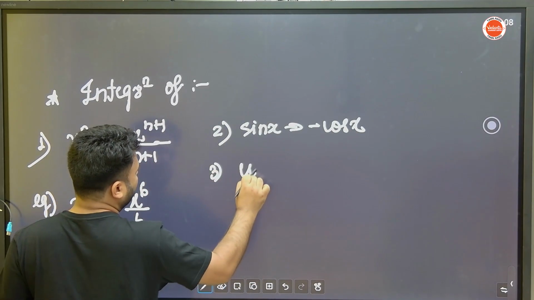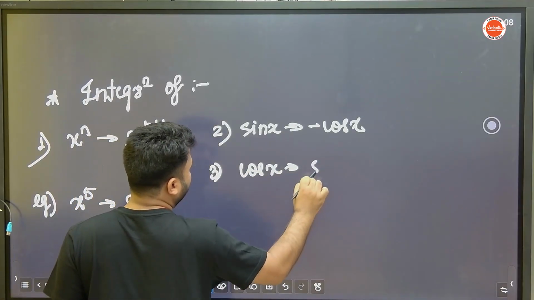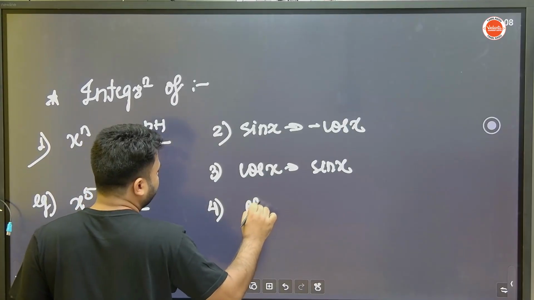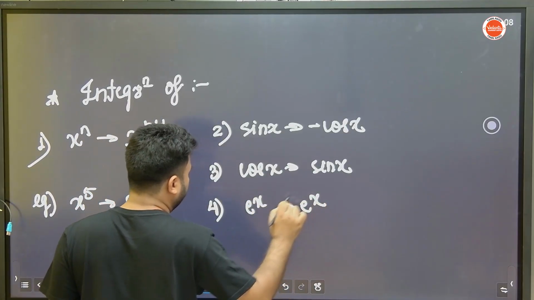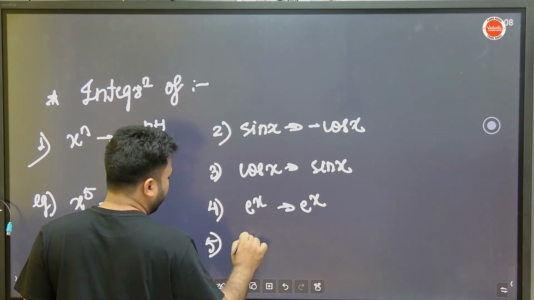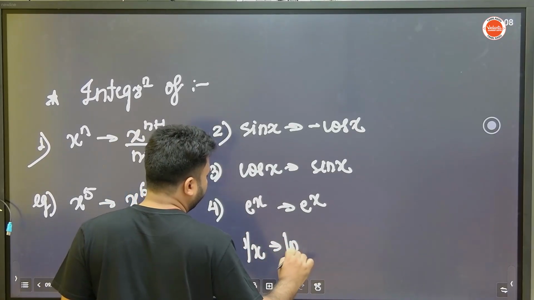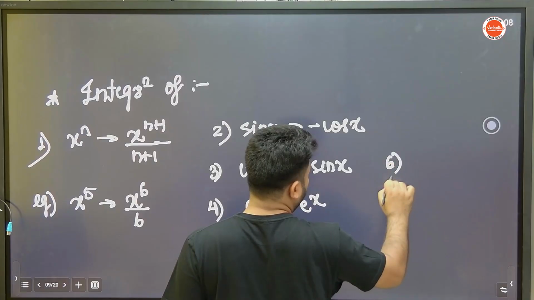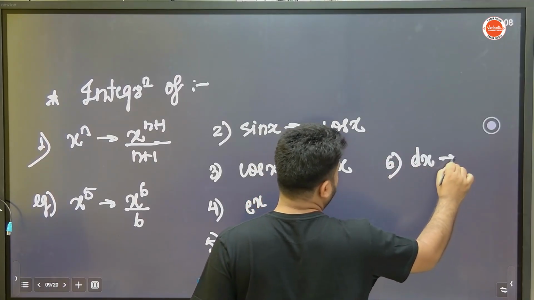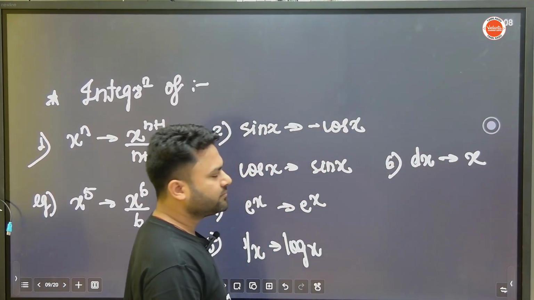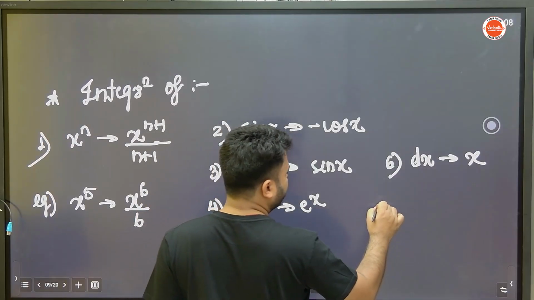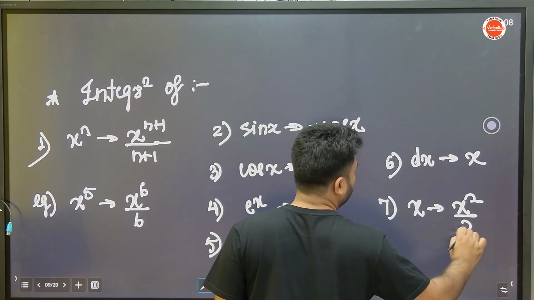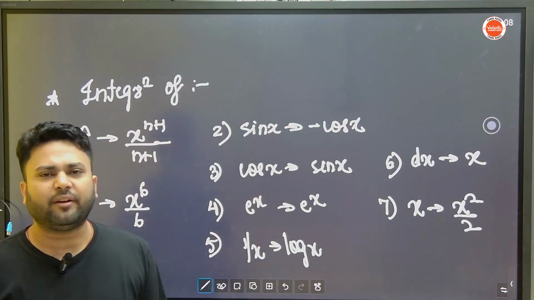Third, integration of cos x is sin x. Fourth, integration of e to the power x is e to the power x only. Fifth, integration of 1 by x is log of x. Sixth, integration of dx is x. Seventh, integration of x is x square by 2. So these formulas you have to remember.